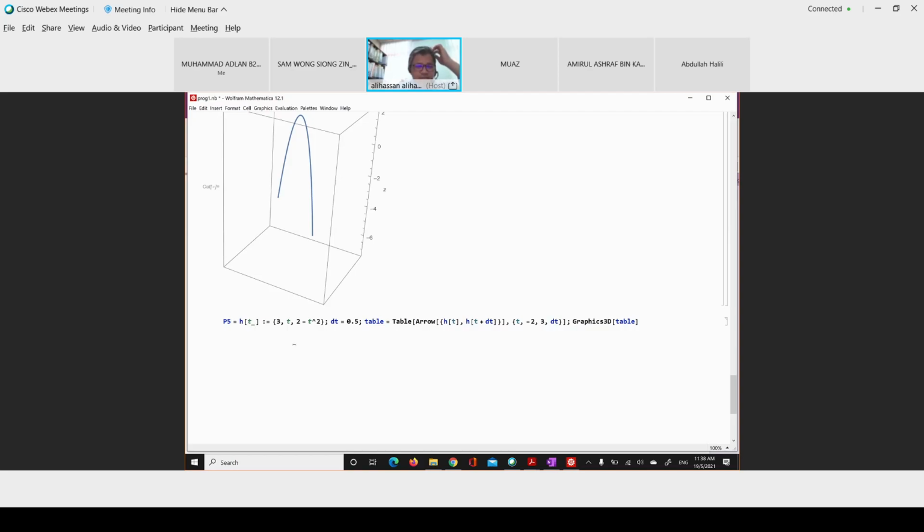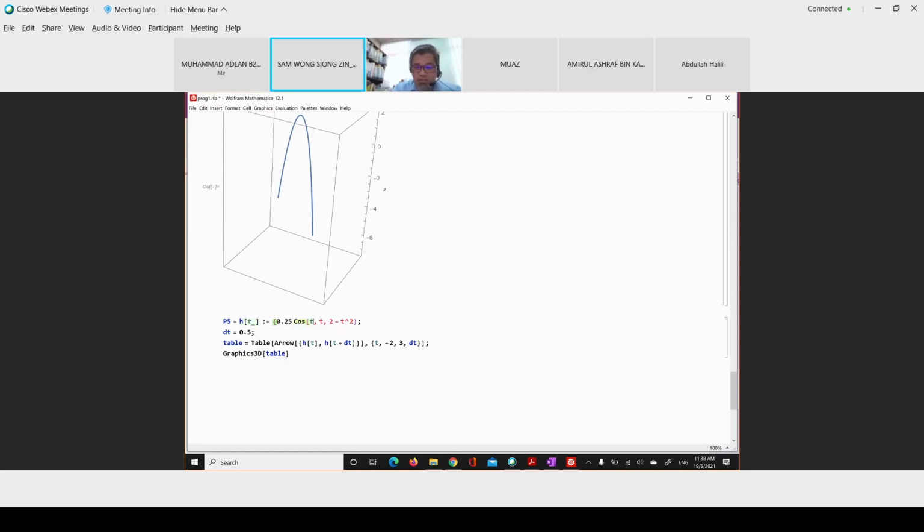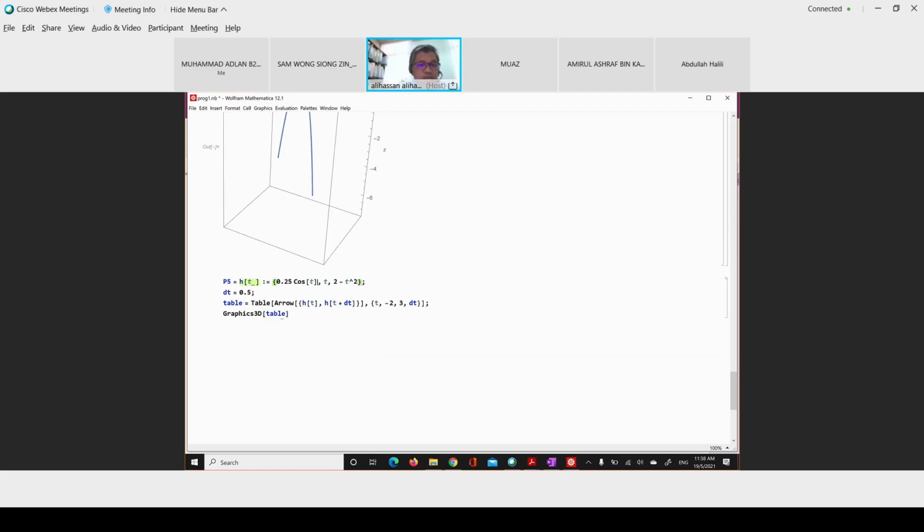What is it? 1/4, which is 0.25, cosine t, plus sine t, and then minus 4, and t is from 0 up to 2 pi. That's why we have a complete ellipse, because t is from 0 up to 2 pi.